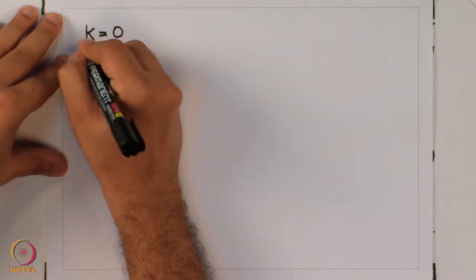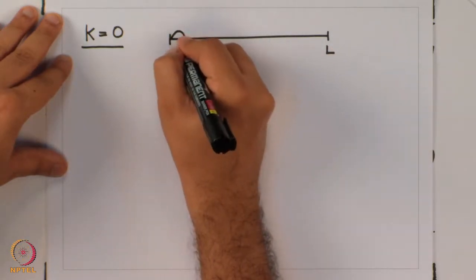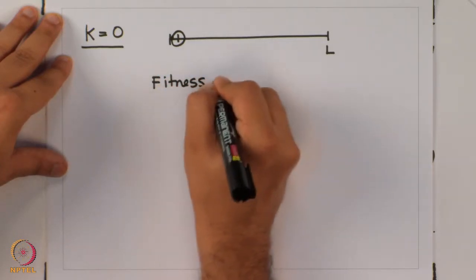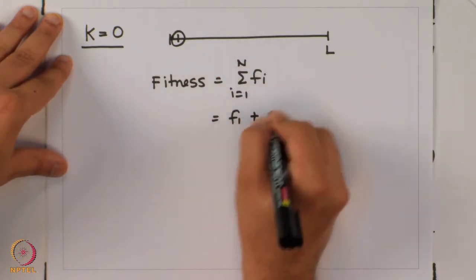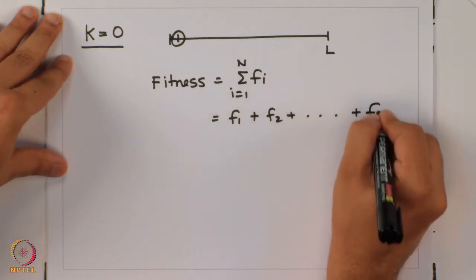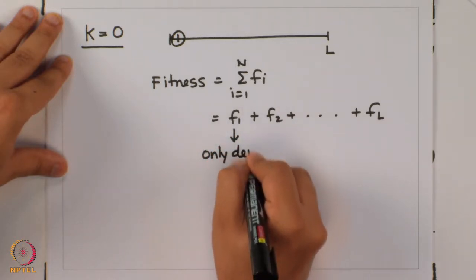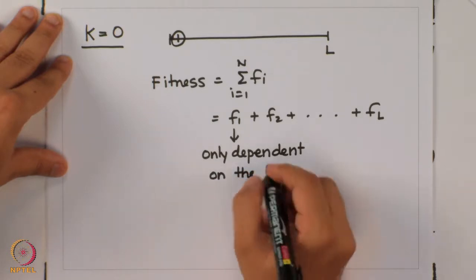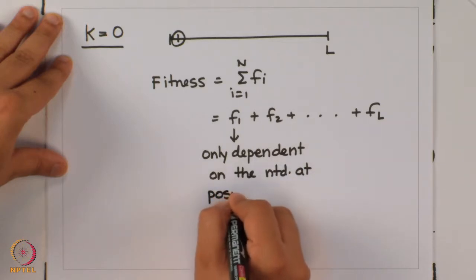So, k equal to 0 is a special case which says that, again that same picture, the fitness is equal to sigma Fi, i going from 1 to n, equals F1 plus F2 and so on and so forth plus Fn, and F1 is only dependent on the nucleotide at position 1.